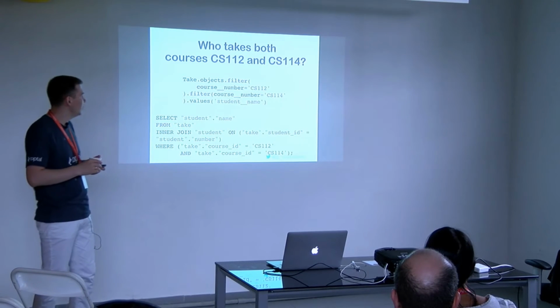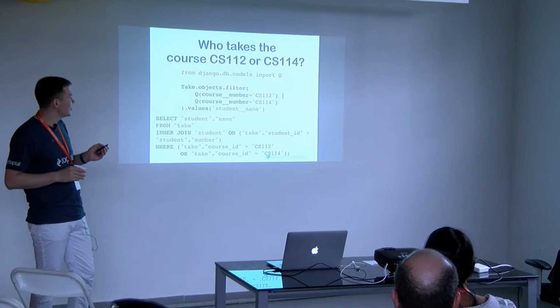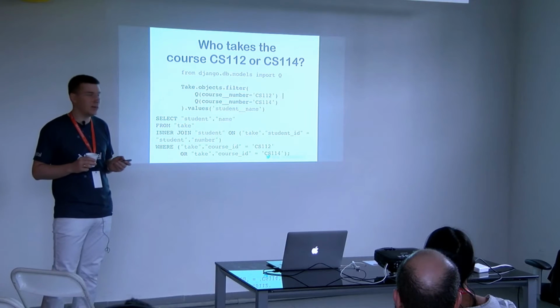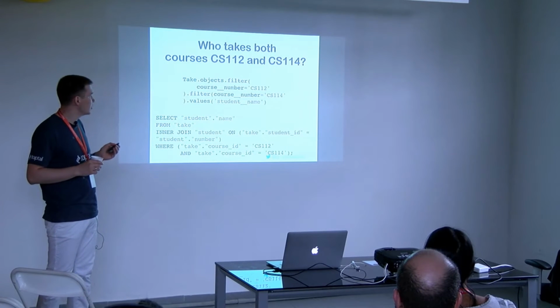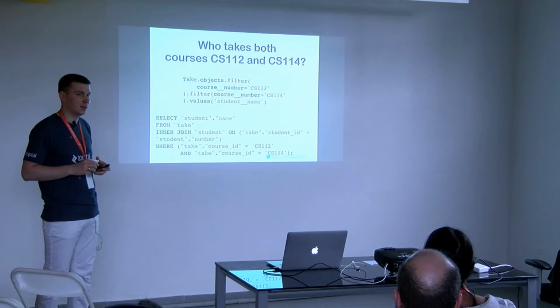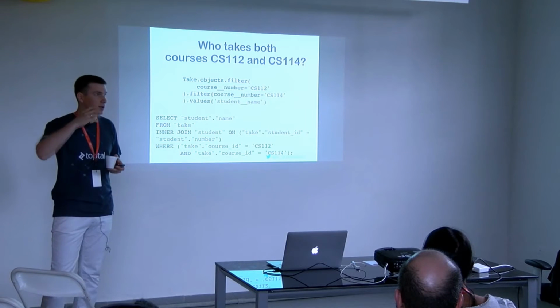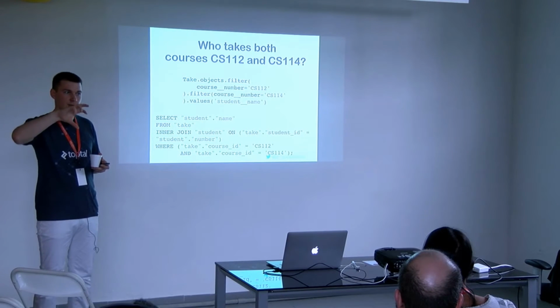Yes, but it will return this. You see? I want to know users who take both courses at the same time. But I have only one column in the table. In table course, I have only one column, number. I can't filter the table with one column. Do you have ideas?